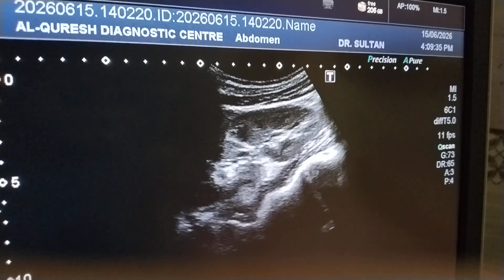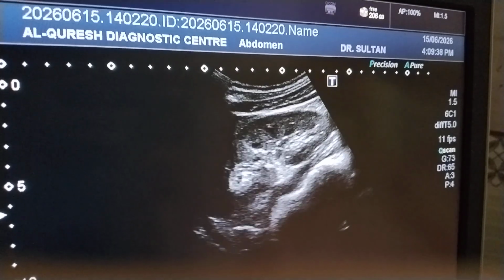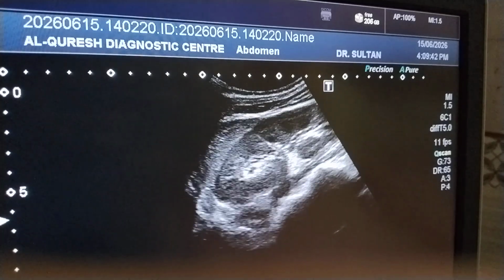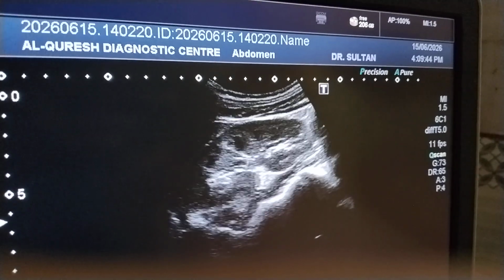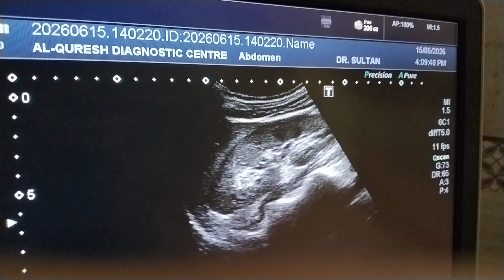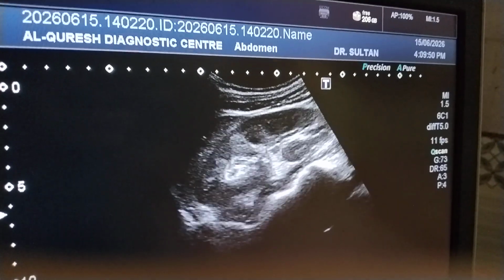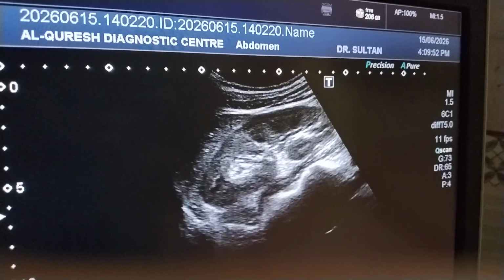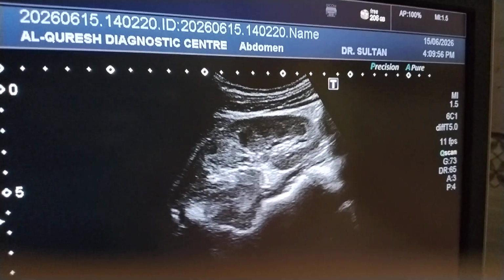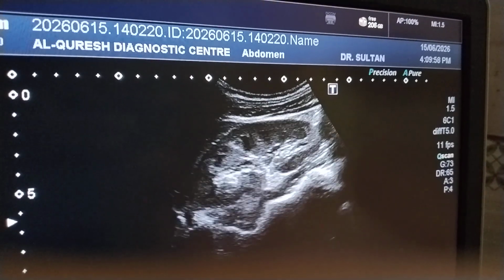It is inserted into the urinary bladder at the vesico-ureteric junction. So this is the normal anatomy of the right kidney, and the same anatomy will be in the left kidney, which we will come across.